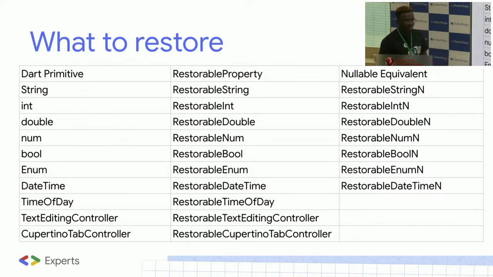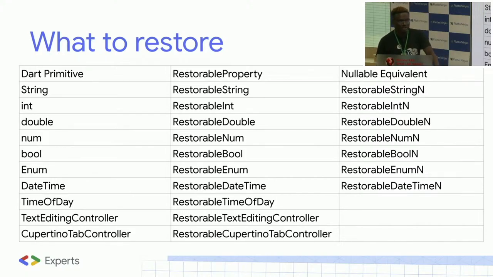We have primitives, in that we've got data types like string, integer, double, num, Boolean, enum, date time, time of day. They also have other Flutter-centric stuff like TextEditingController, right? And then CupertinoTabController. We have the restorable variants for all of these.